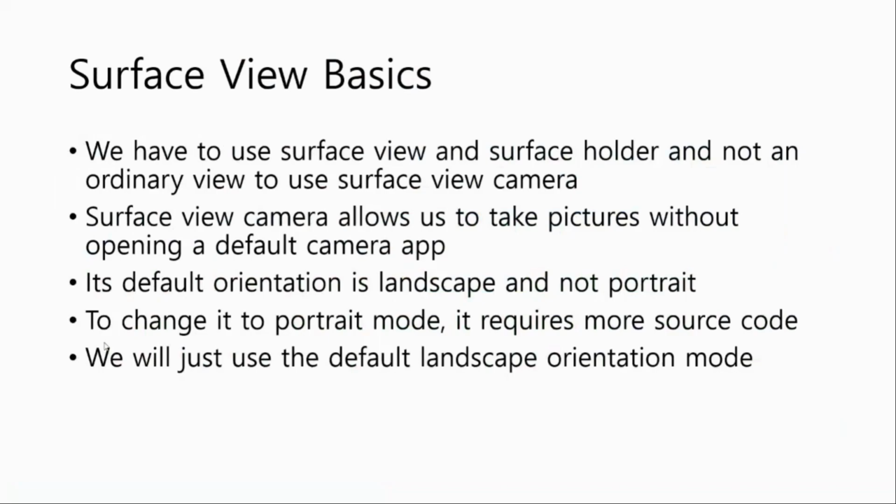In my last workshop, where I used the intent, I had to call the default camera application and then open it. But in this case, we don't have to. Its default orientation is landscape mode and not portrait. To change into portrait mode requires more complex source code, so I'll just use the default landscape orientation.